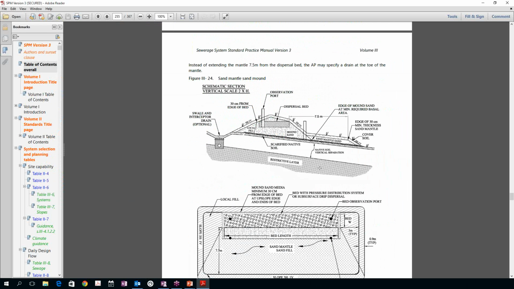Sand mantle, sand mound is just an extension of the downslope toe, and I hope that makes intuitive sense. What would we say? It would allow us to have a higher degree of mounding effect in the soil and still not break out. So it allows that mounding effect to stretch out down the slope, and we still have a decent volume of unsaturated permeable soil to make all that happen.